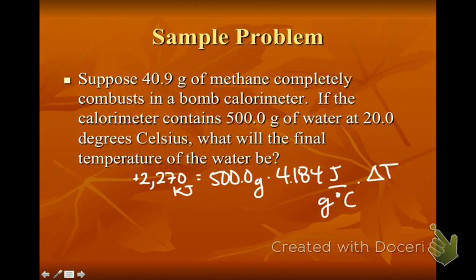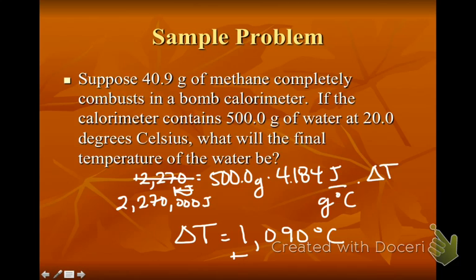So what I'm going to do is I need to change one of these two numbers. So I guess I'm just going to take kilojoules, and there's 1,000 joules in 1 kilojoule. So I'm going to multiply this number by 1,000, which just means I'm going to have that many joules. And so solving for delta T, let's see what we find.